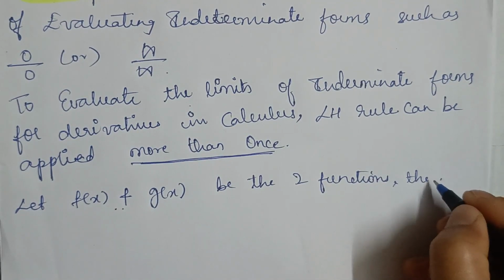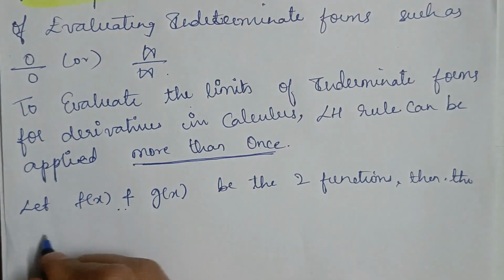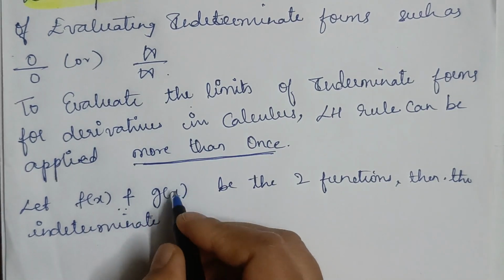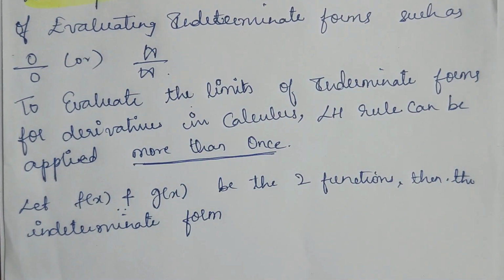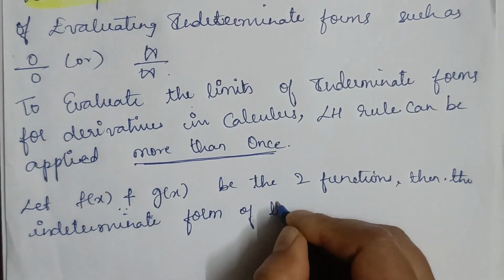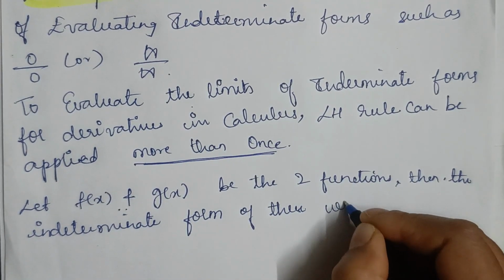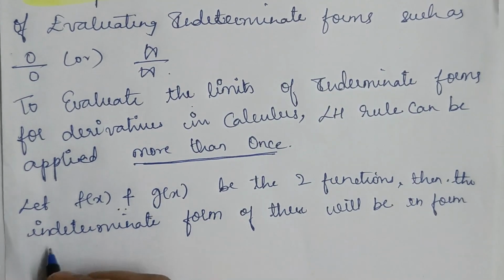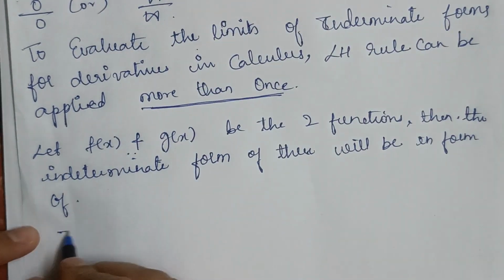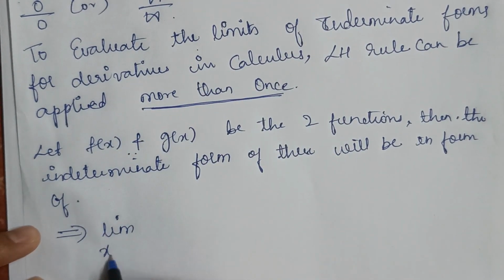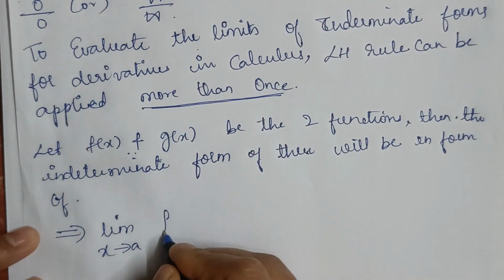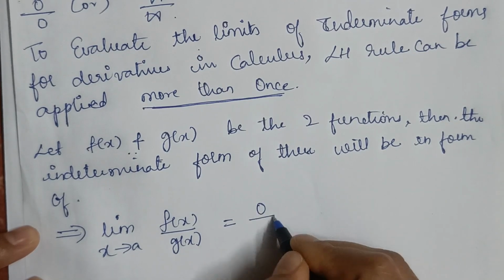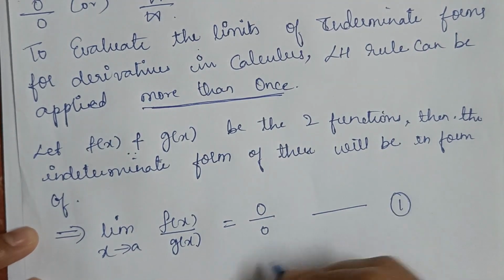Then the indeterminate form of these will be in the form of limit x tends to a, f of x by g of x, which equals 0 by 0. Let me consider this as equation 1.